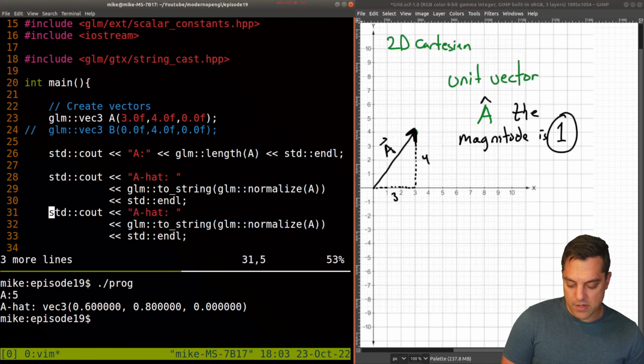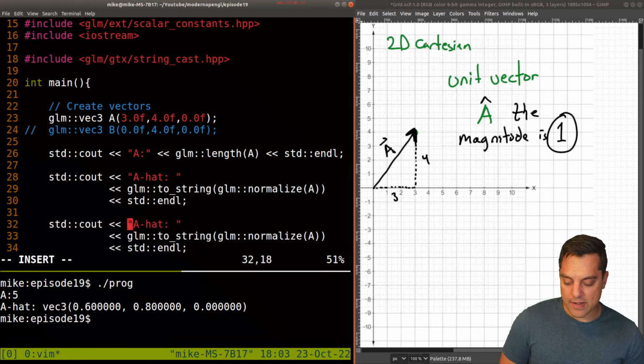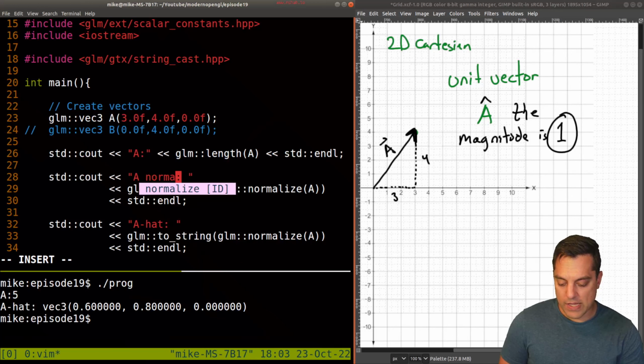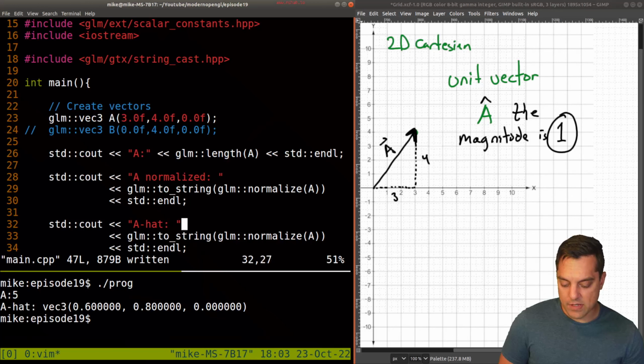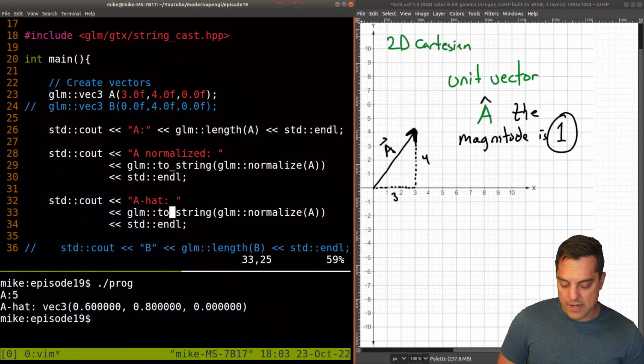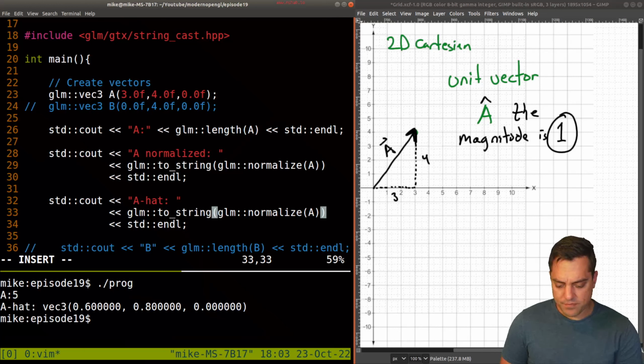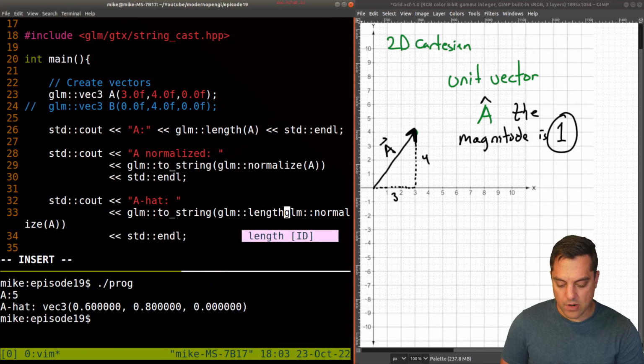But just to be sure, let's add it in here. Actually, let's say a normalized. I'll print that out, and let's get the length here. So we're going to normalize it and then compute the length of our normalized vector, which should just be 1.